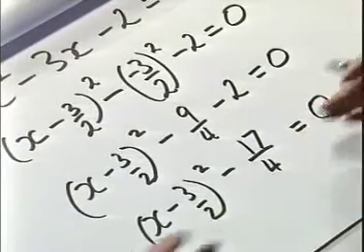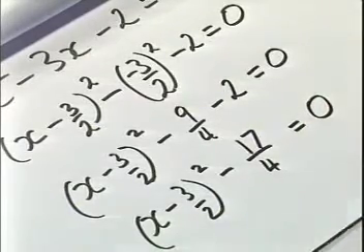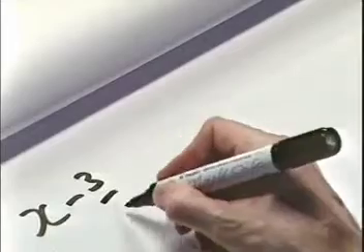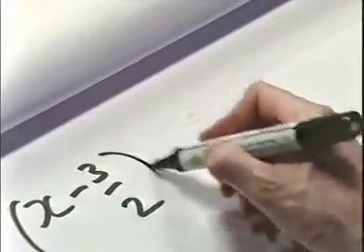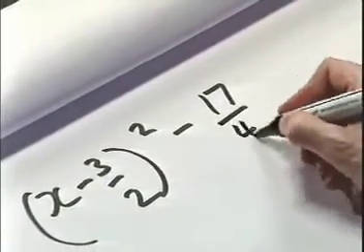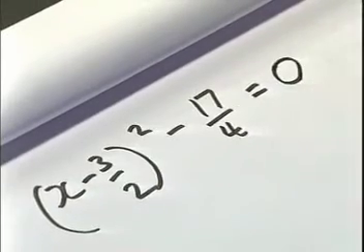Now this looks more manageable. Let me just turn over the page and write this down again. X minus 3 over 2 all squared minus 17 over 4 equals 0. Now we're going to add the 17 over 4 to both sides.